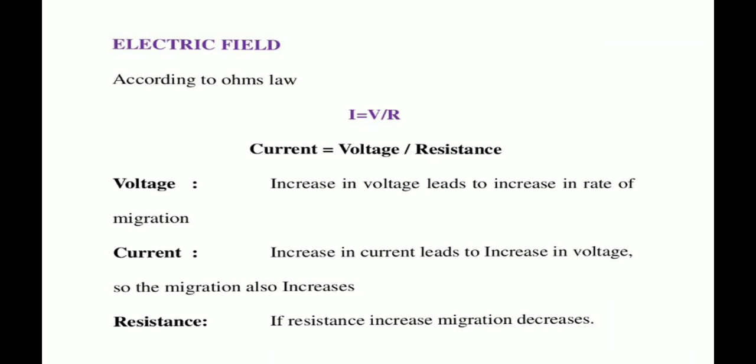Okay, so according to Ohm's law, I is equal to V upon R, that is current is equal to voltage upon resistance.